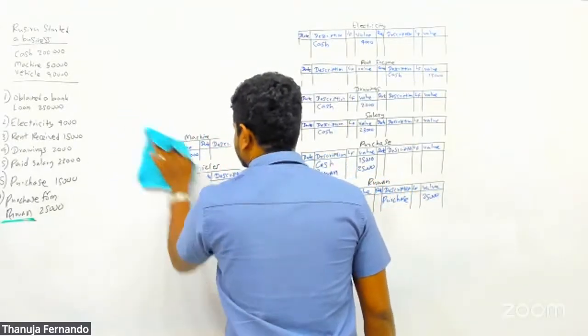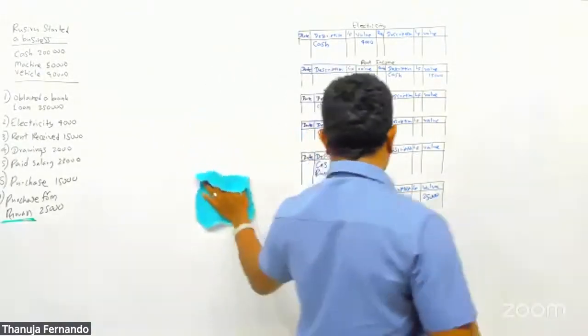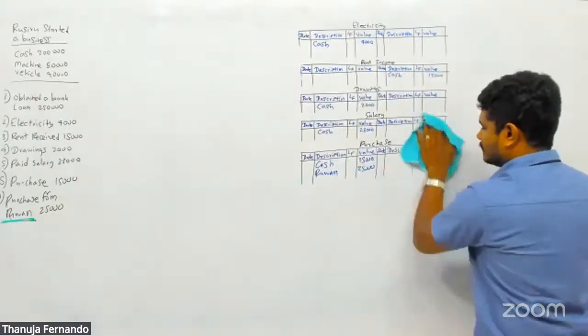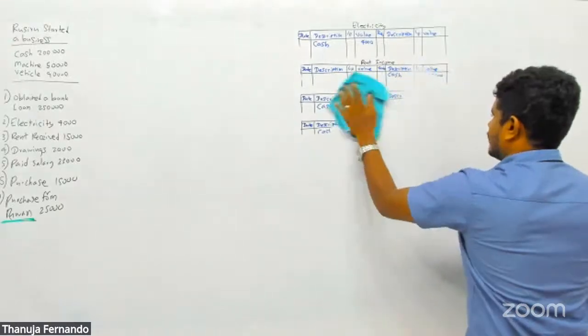So I'm using T accounts to explain, right? I'm not preparing accounts like this. I'm only using simple T accounts. Then it will be easy for us and it will save our time as well, right?